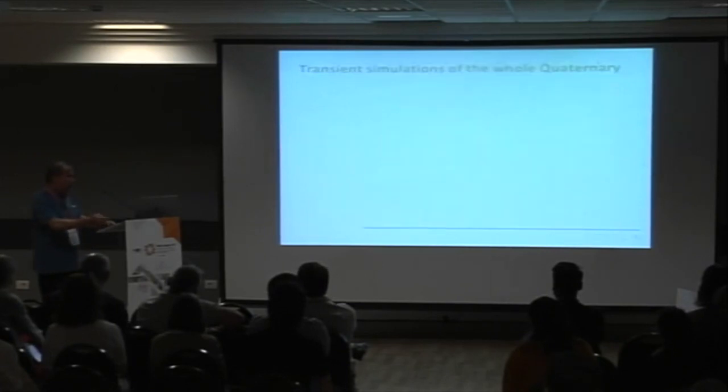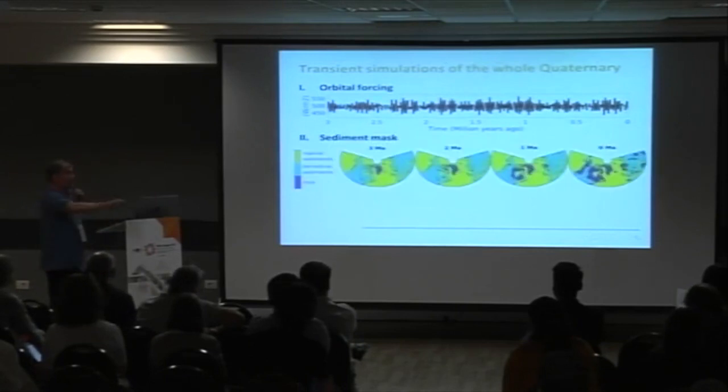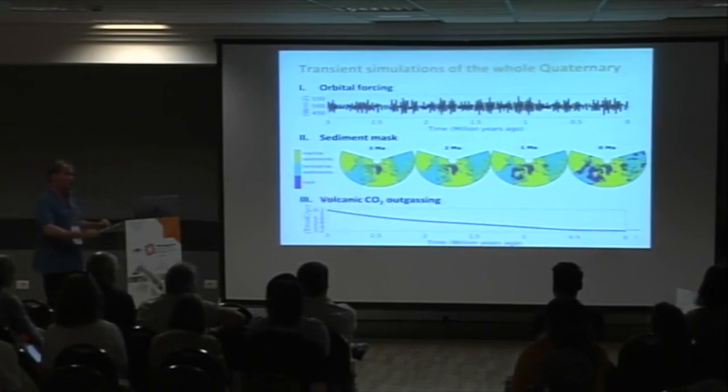With that, we combine this real orbital forcing with a certain reasonable scenario, which we prescribe, for the gradual evolution of the sediment mask from the Pliocene to the present day. So it's a bit of fantasy, of course. As far as volcanic outgassing is concerned, it's absolutely unknown, even what its value is now.